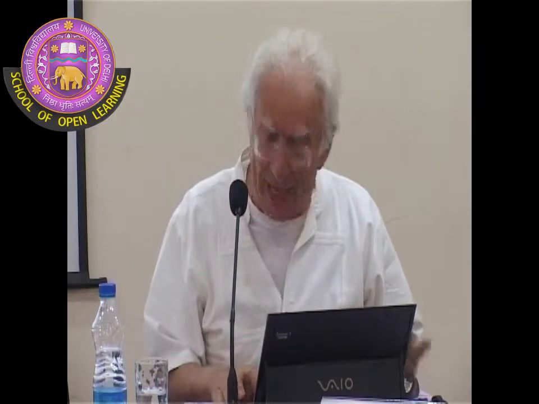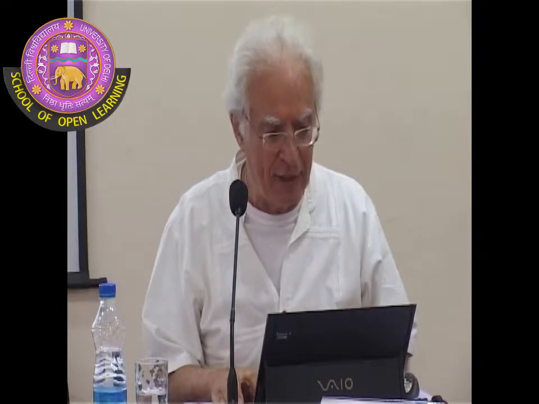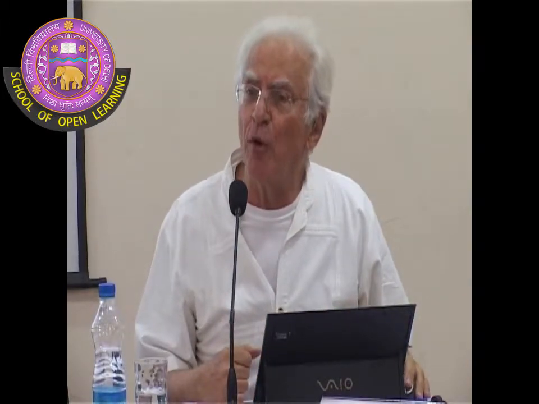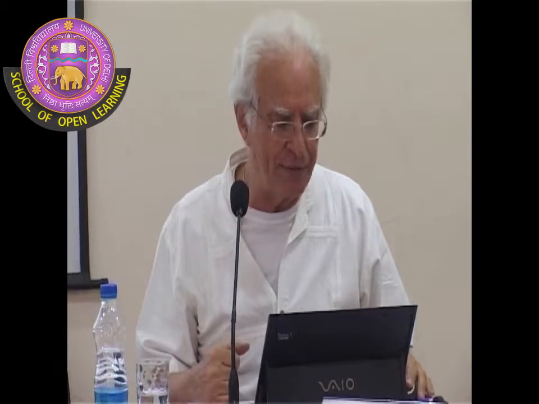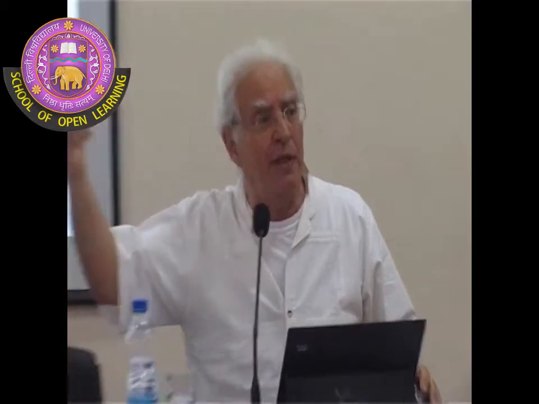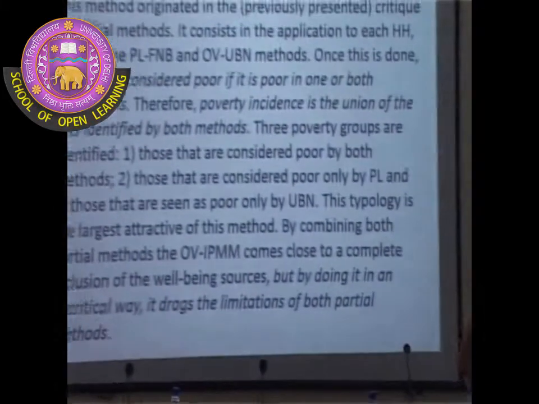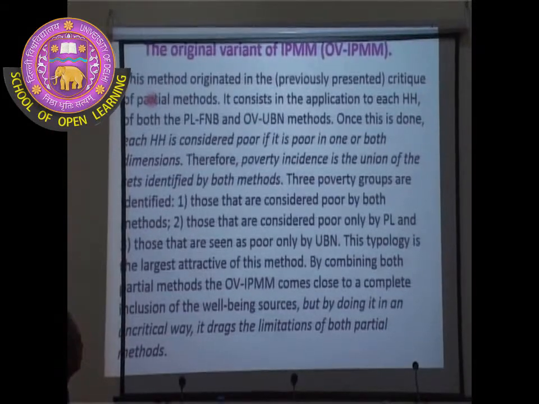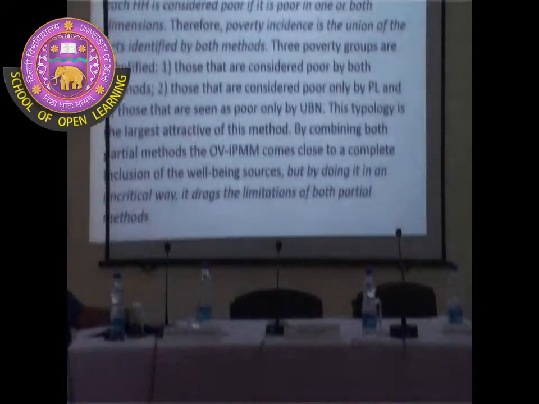We had a UNDP project, and we applied a new methodology, which is the original variant of the integrated poverty measurement method. I called it the original variant because later on I improved it. So to distinguish both variants, I called it the original variant. This method originated in the previously presented critique of partial methods.